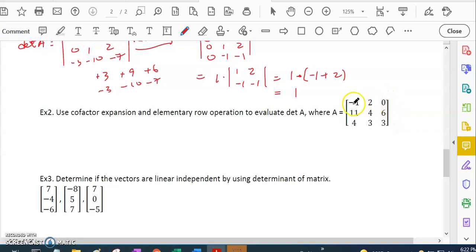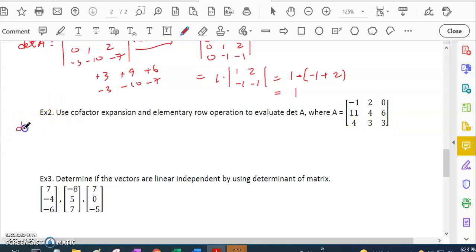I'm not going to expand the row because for elementary row operation, don't let me switch rows around, but I can switch this. Which one should I get rid of? I can get rid of the third one, right? Or the second one. I want to use this because this is a smaller one. So the one that you want to get rid of is the one that you don't multiply.